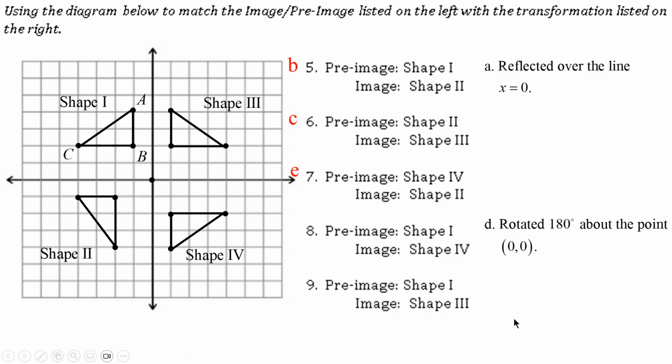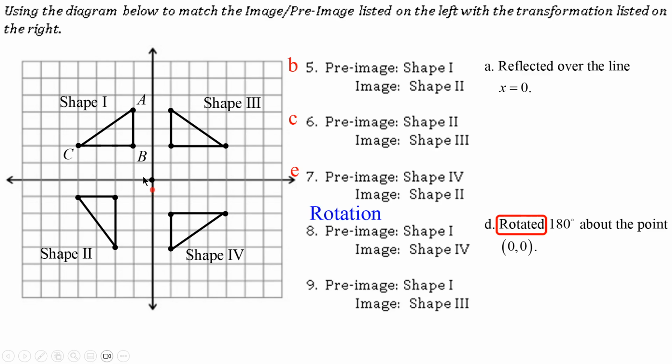Let's get rid of it. Okay, 8. Shape 1 to shape 4. 1 to 4. Ooh. What do we got there? I'm thinking rotation again. And I only have one rotation left. It's 180 degrees, about 0, 0. So let's do our thing right here. Okay.